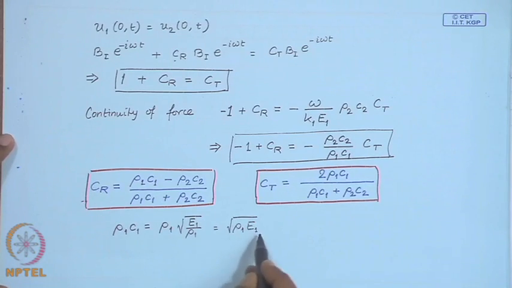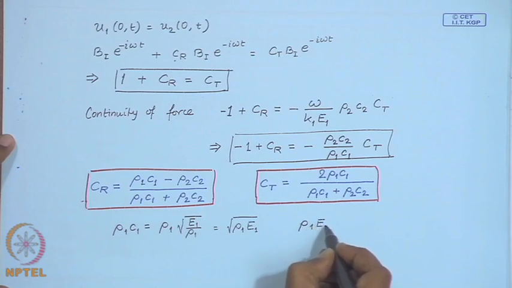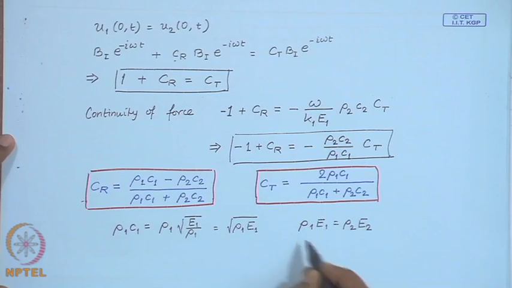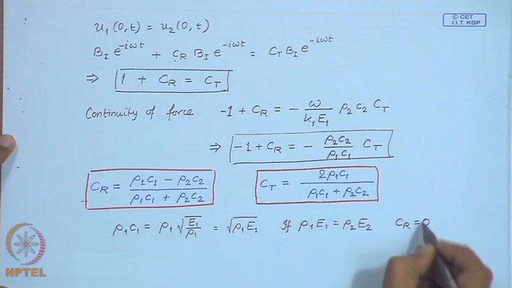So, if we have two materials for which rho 1 E 1 is equal to rho 2 E 2, then the reflection is 0.